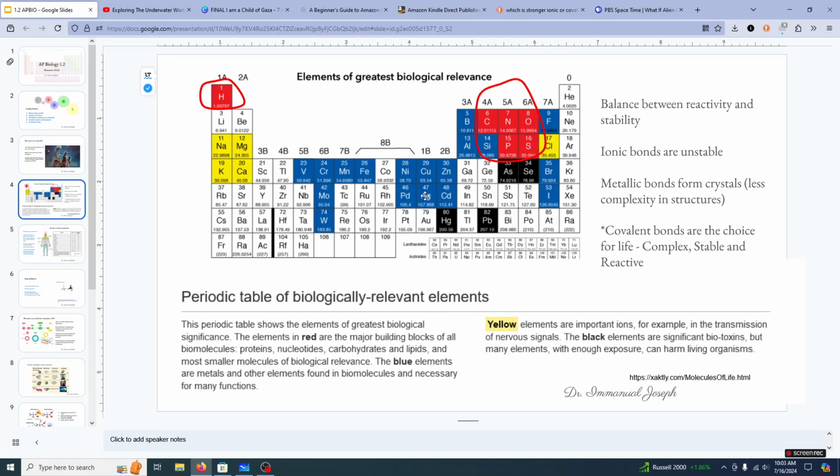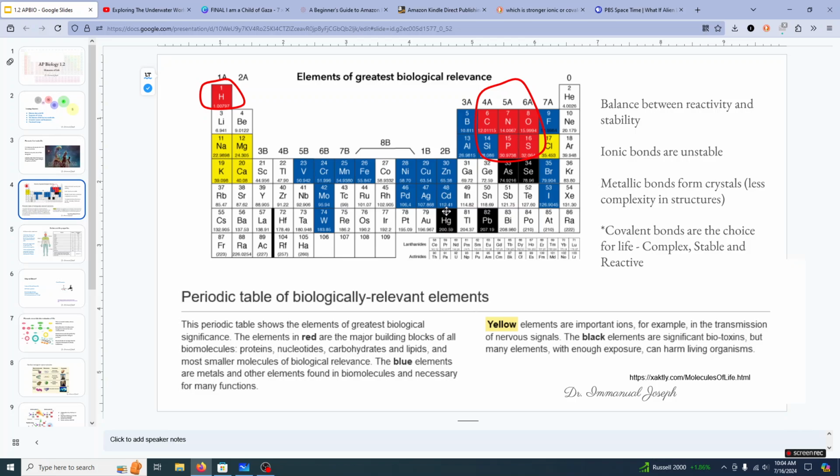So ionic bonds are unstable in that sense. And so in biology, we need a certain balance between reactivity and stability. If it's too stable or unreactive, then it is not going to work. Metallic bonds, on the other hand, form crystal-like structures. Because of the way they are arranged in a lattice-like form, there is a limitation on how they can be branched out.